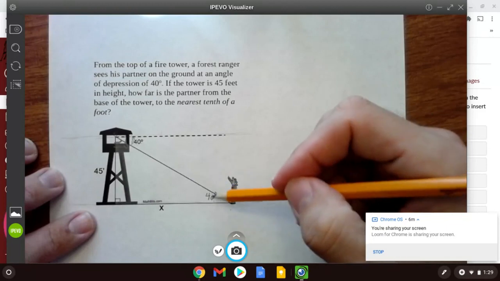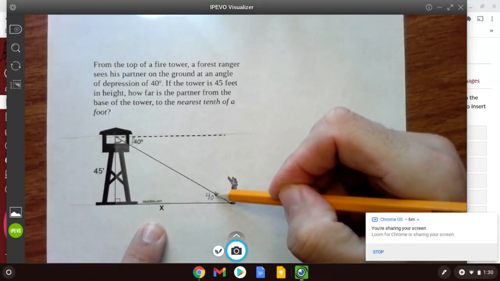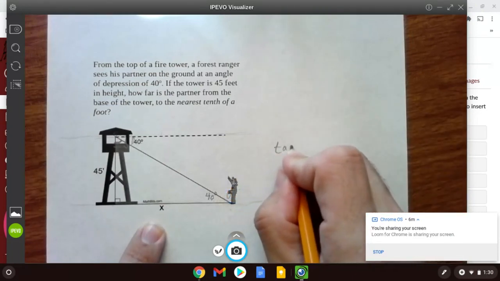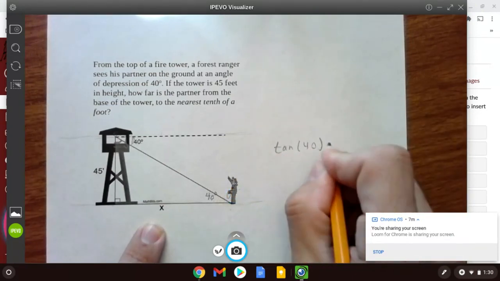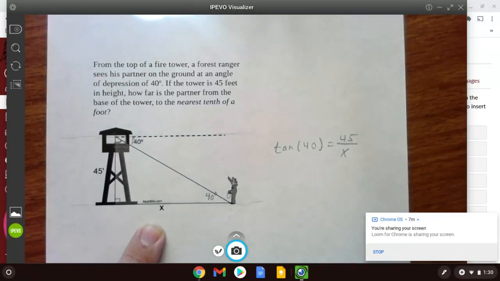If I'm looking from 40 degrees, I've got my opposite over my adjacent. So tangent of 40 is equal to 45 feet over x.